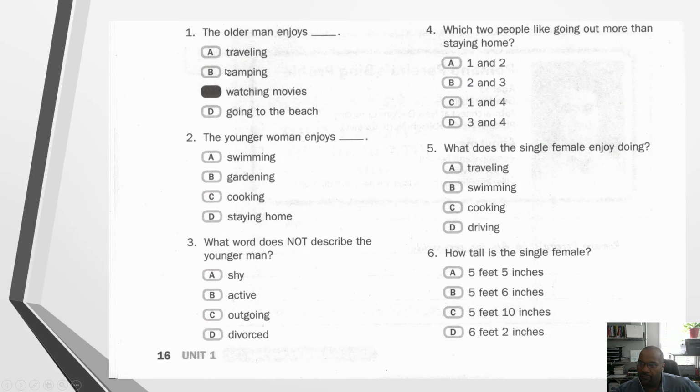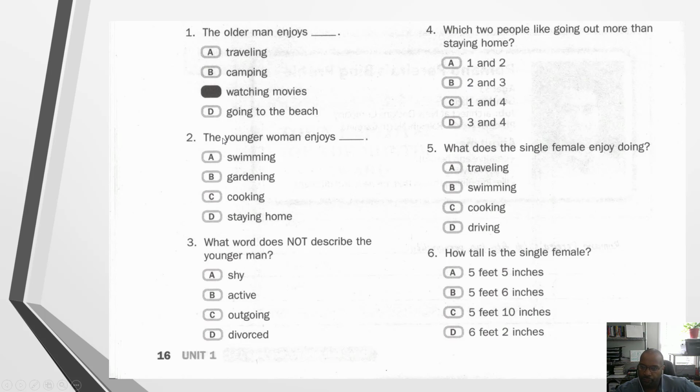So the first one is done for us. The older man enjoys C, watching movies. Now I will go through this and show you what I have, but hopefully you've taken some time to answer these questions on your own. So let's see if we match up.